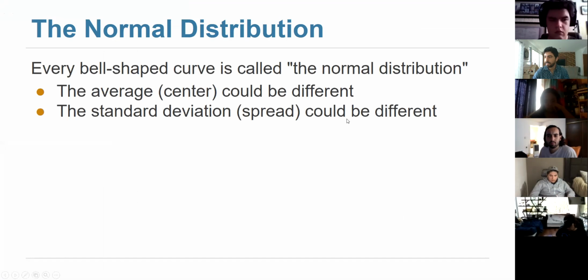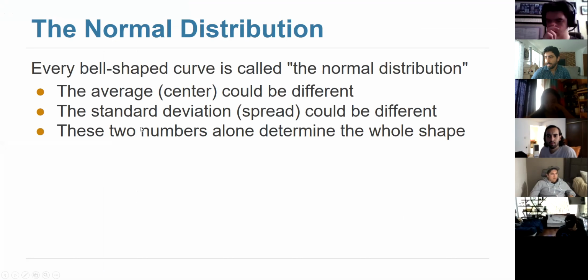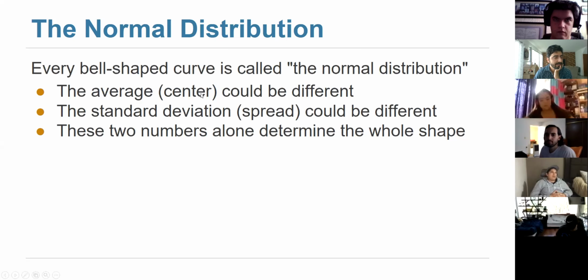The standard deviation, or spread of the distribution, could be different. But those two numbers alone determine the whole shape of our normal distribution. If you have the standard deviation and the average, then those two numbers define exactly what your distribution looks like, okay?